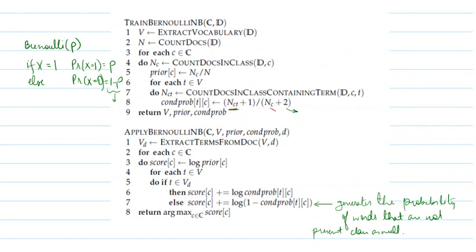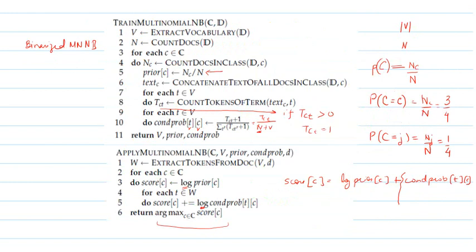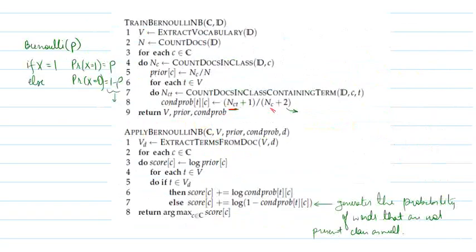This is the little difference. We calculate the probability in Bernoulli on the basis of number of documents, divided by the total number of documents, and in multinomial on the basis of tokens, divided by the total number of tokens. So Bernoulli is actually a binary occurrence model.